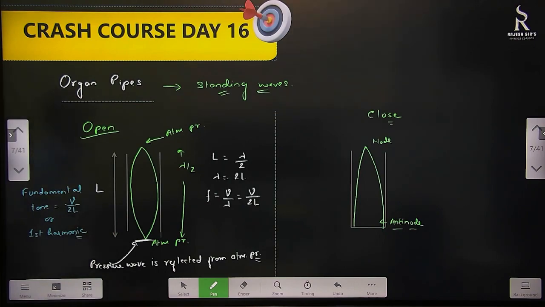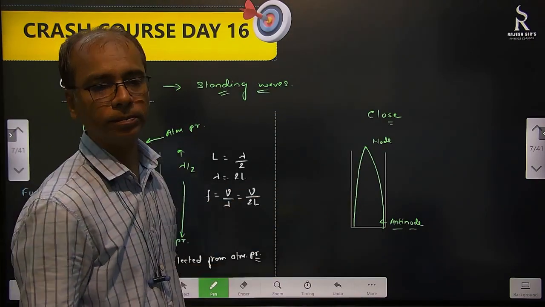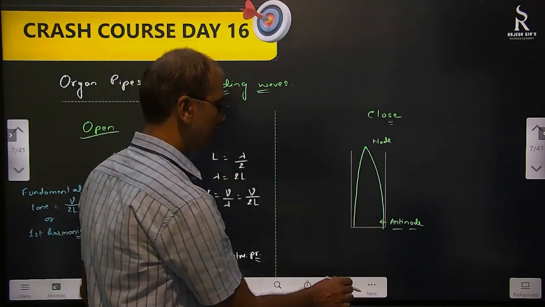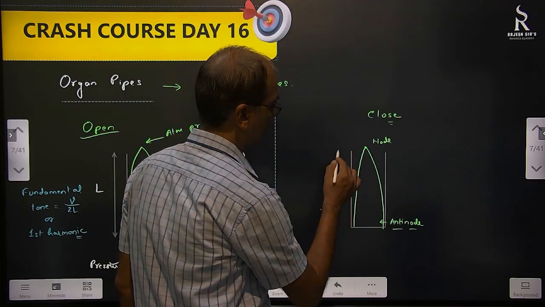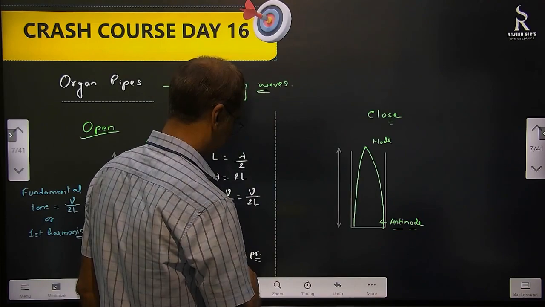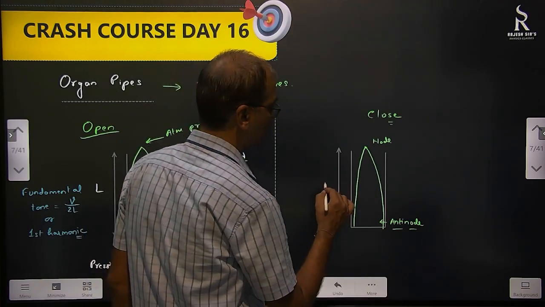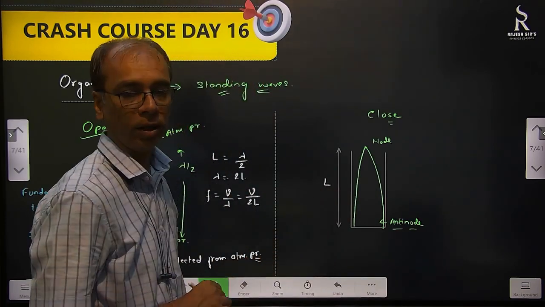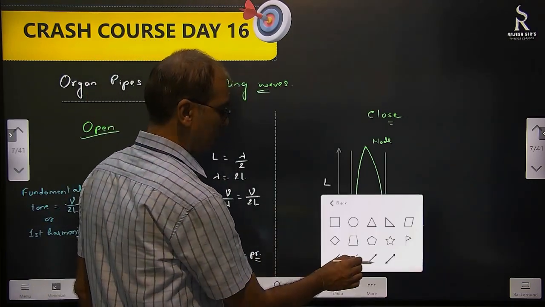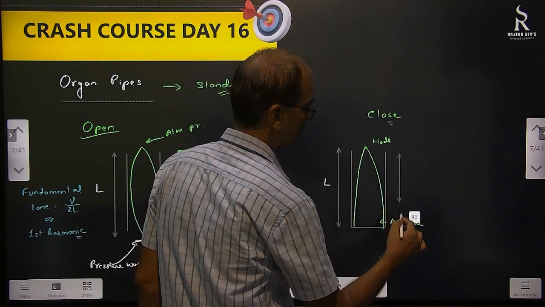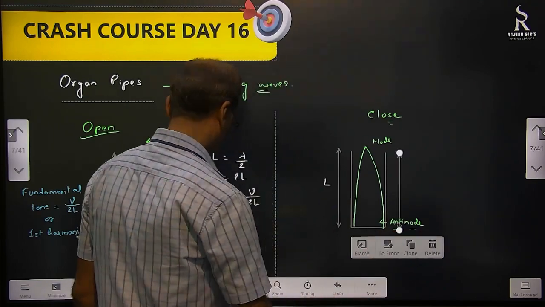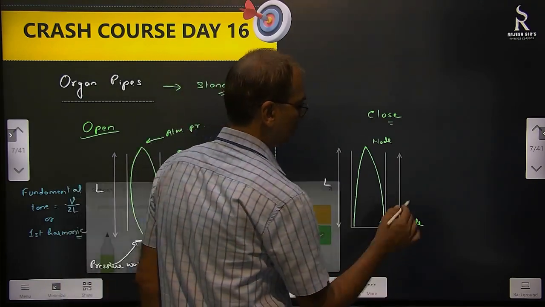Check there. Here also the minimum is one loop only, which is connecting node and anti-node, right? So the length of the organ pipe is L. And what is the separation between node and anti-node? It is lambda by 4.